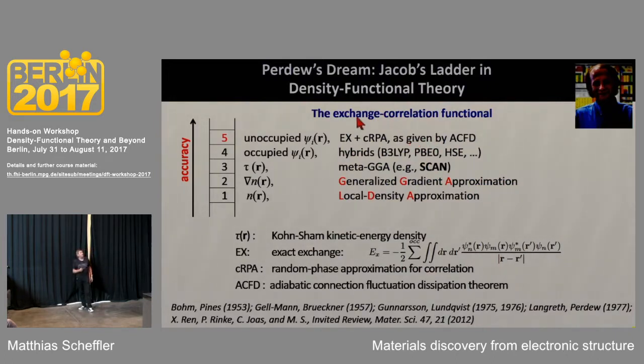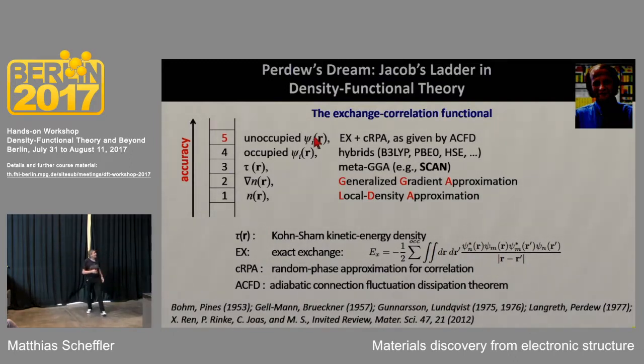And the hero in other approximations is John Perdew. I call this John Perdew's dream; he calls it Jacob's ladder. In fact, it was in the Old Testament, in the Bible, this dream by Jacob that angels are stepping up a ladder to heaven. In this idea, he felt there is also a ladder in density functional theory.